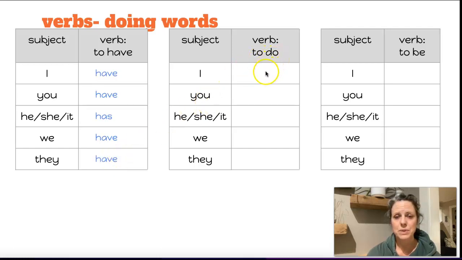To do. This one's a little bit different too. I do. You do. He, she, it does. We add an E and an S. We do and they do. And of course, you know the be verbs. I am, you are, he, she, it is, we are, they are.